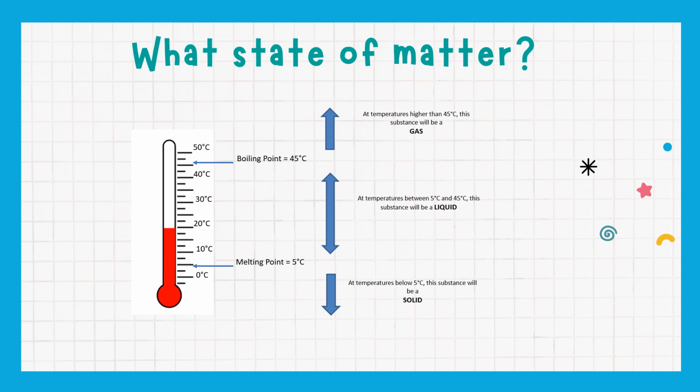Okay, we're going to do a quick exercise to see if you can identify what state of matter substances will be if I give you its melting or boiling point. So we'll do guided practice on the first one, and then I have 2 examples for you to try. So the first one, if you take a look at the thermometer on the screen, you can see that the thermometer is currently at about 20 degrees Celsius.